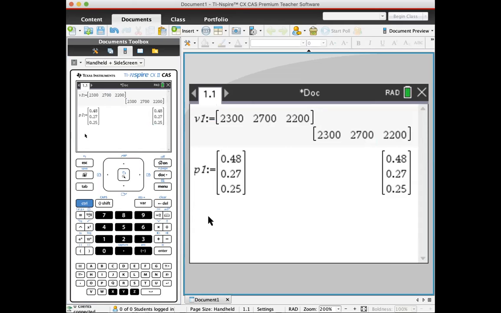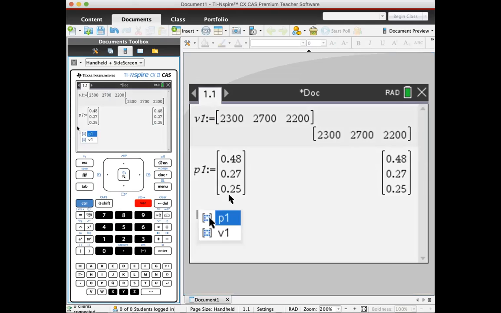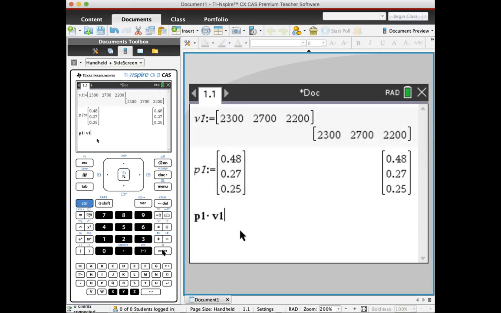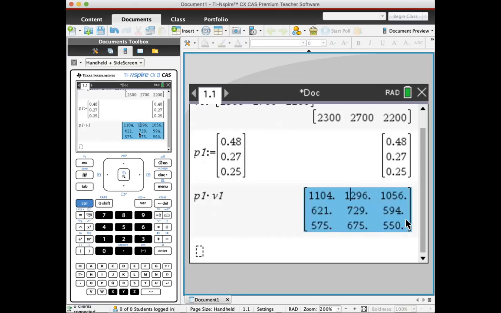In this question, we want to compute Q, which is P times V. So we type in var P1 multiplied by var V1 and hit Control Enter. You will see these numbers are representing each element in this 3 by 3 matrix. So what you're going to write is 1296 and 729 for the two missing elements.